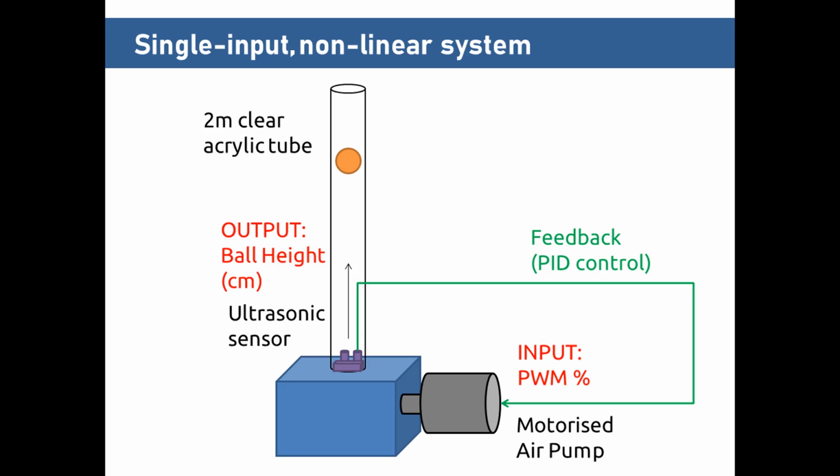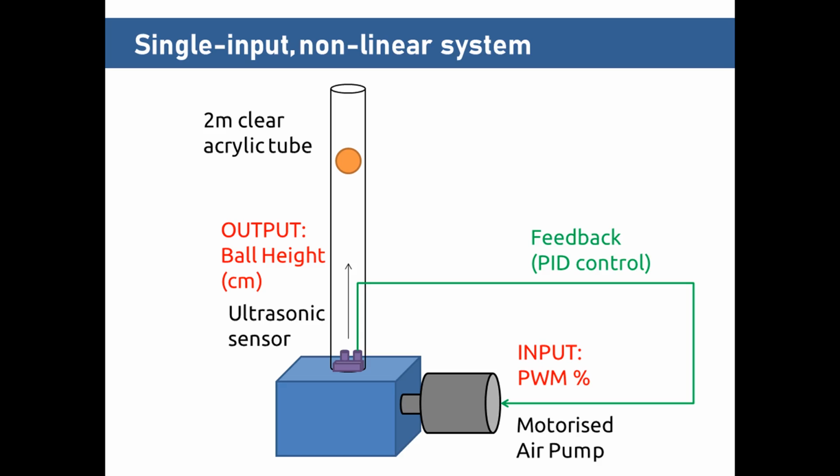We have a 2-meter tall clear acrylic tube in which we want to suspend a ping pong ball steadily at a given height. We do this by pumping air up the tube at high velocity using a motorized pump and varying the duty cycle of the pump motor, which is the percentage of time in which the motor is on as opposed to off.